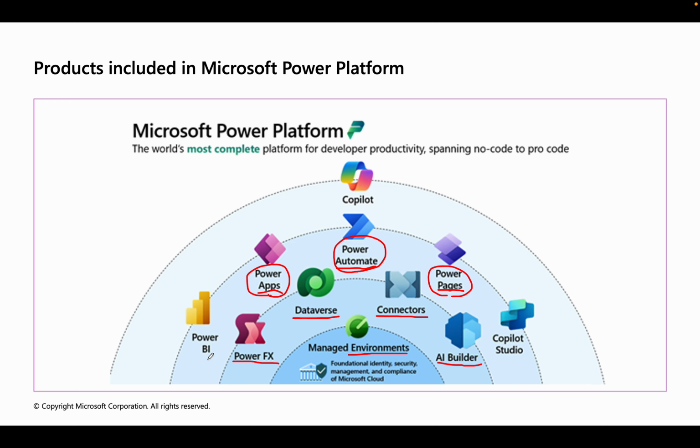The fourth one is Power BI. I don't need to explain the Power BI this time because we have done a lot of labs about Power BI. So actually you should know this is a tool to analyze data.